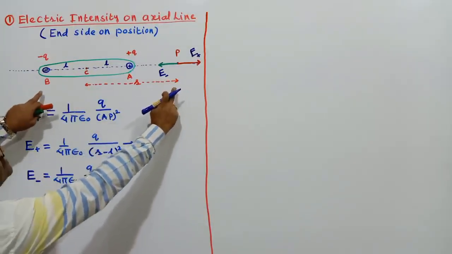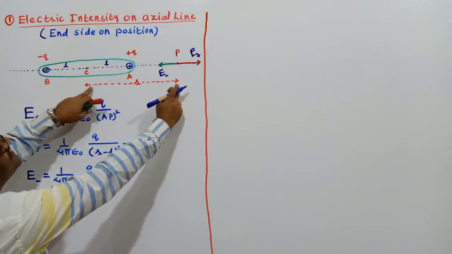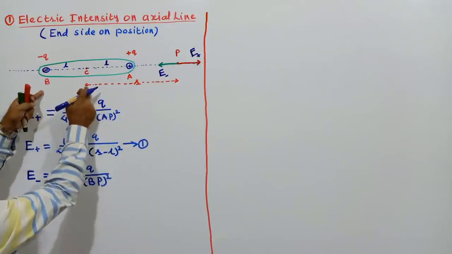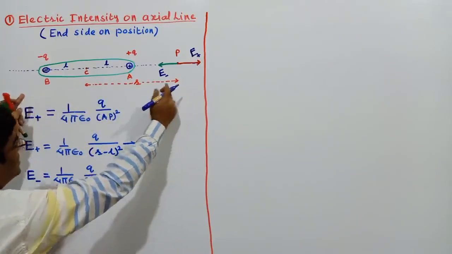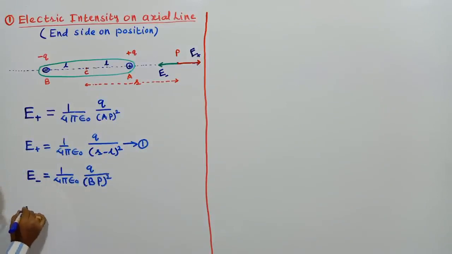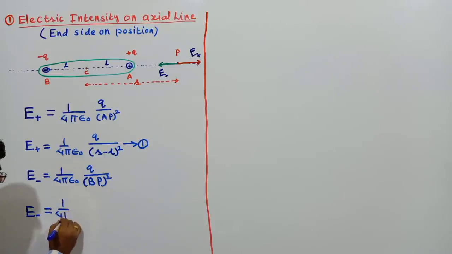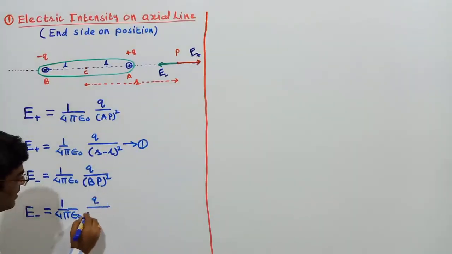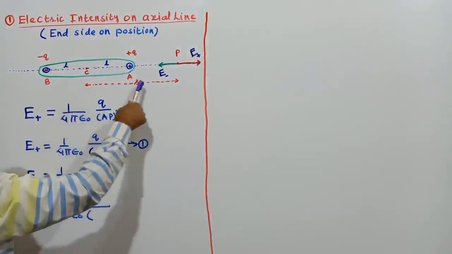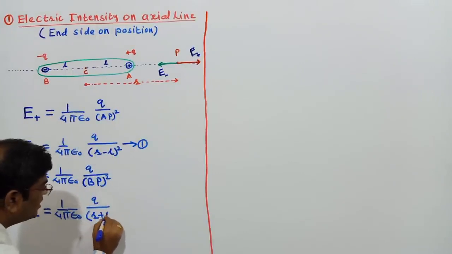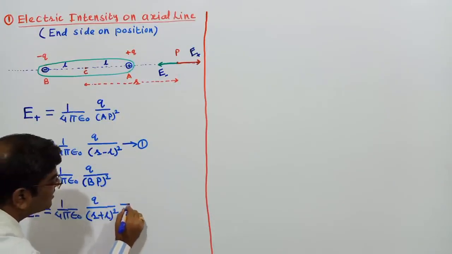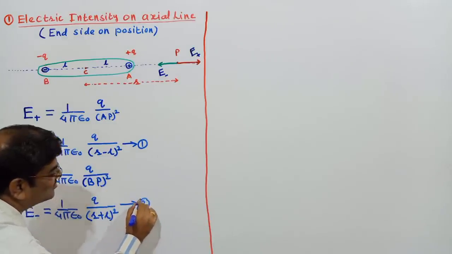This distance I need. This I know. Even this I know. If I add these two, what I get is this much. And that's what I do then. E minus equals 1 upon 4 pi epsilon 0 Q divided by, this is R plus this much, R plus L whole square. This is my equation number 2.